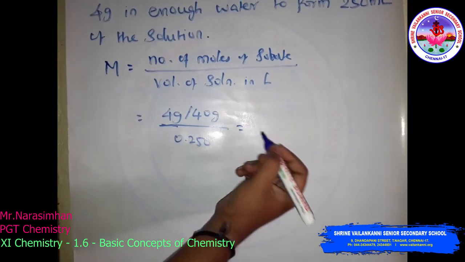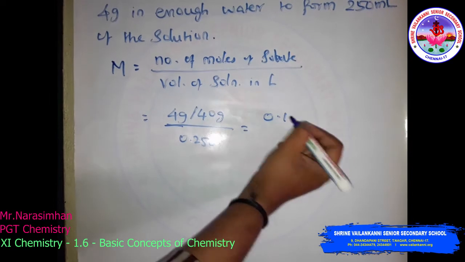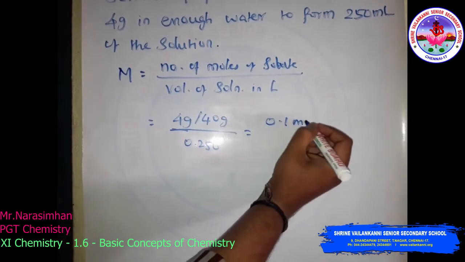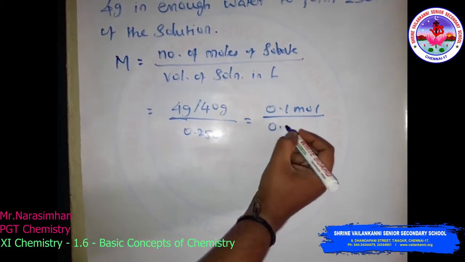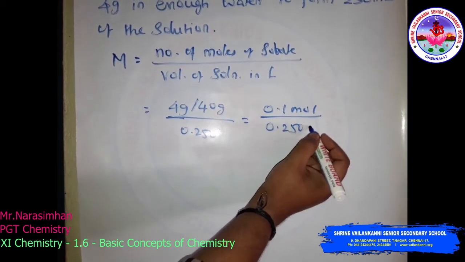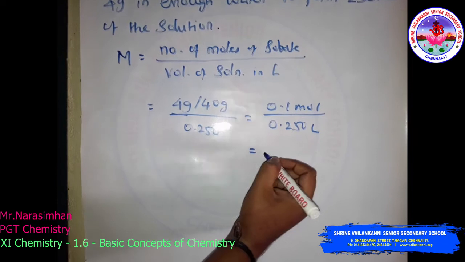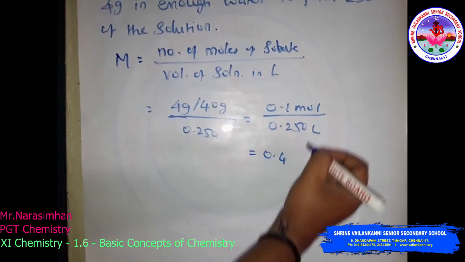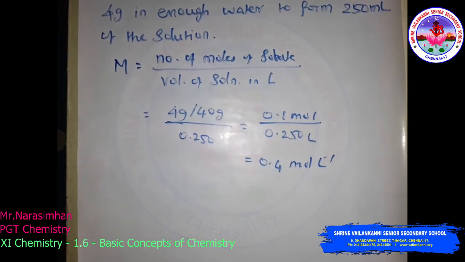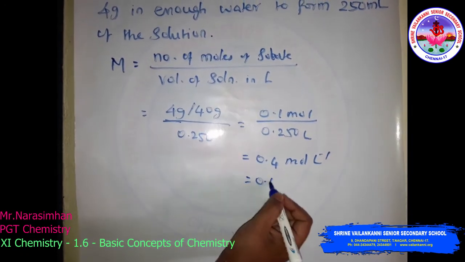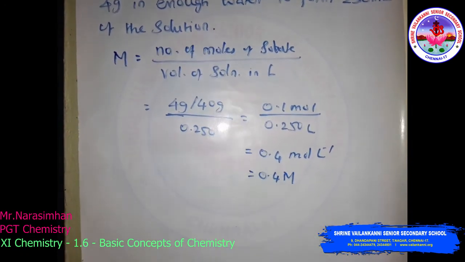So it will become what? 0.1 mole divided by 0.250 liter. So it will become 0.4 mole per liter, or 0.4 molar concentration.